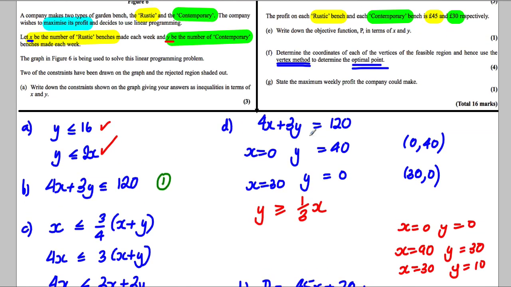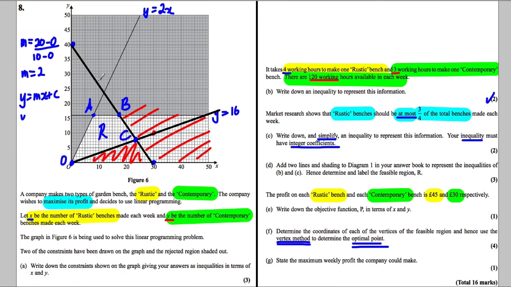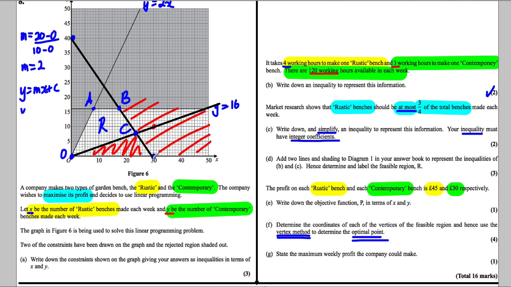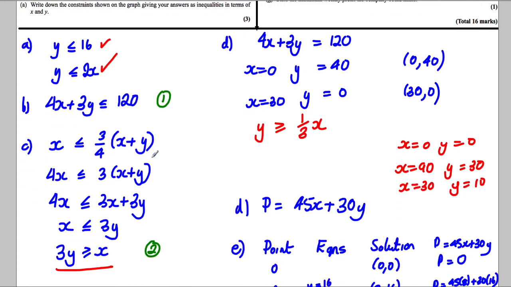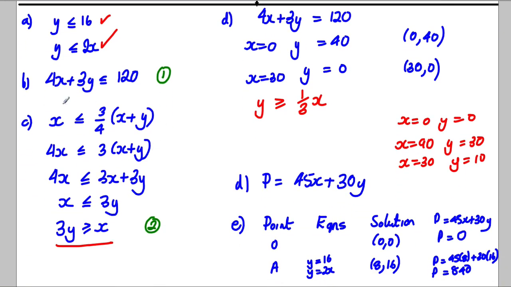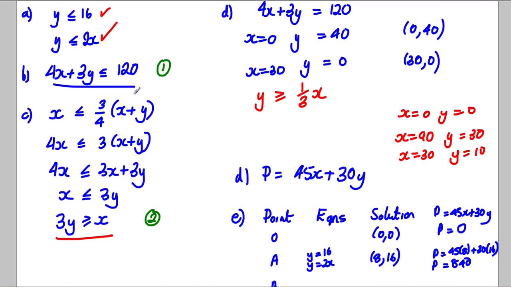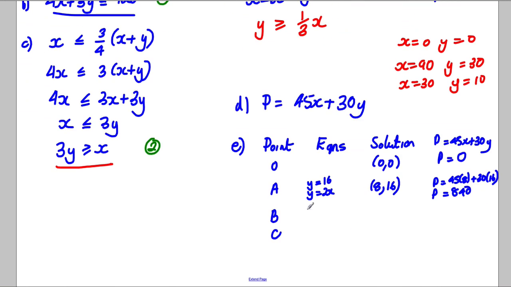Okay, so for B, what two equations are meeting? Well, y is 16 is meeting this equation here, 4x add 3y is equal to 120.